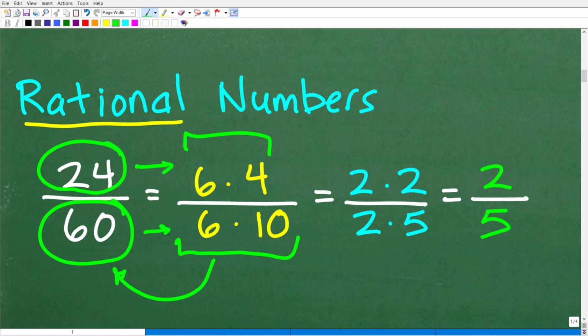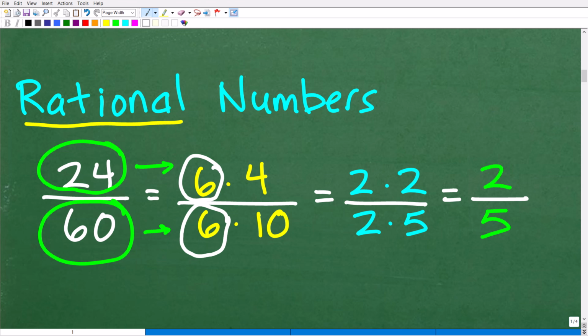This is the same thing we're going to use to simplify the rational expression: we want to identify like factors amongst the numerator and denominator. Here we have a 6 in the numerator and a 6 in the denominator. These are factors, not addition or sums, but things separated by multiplication.